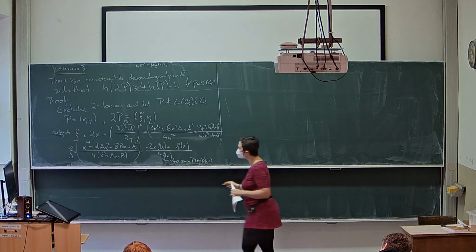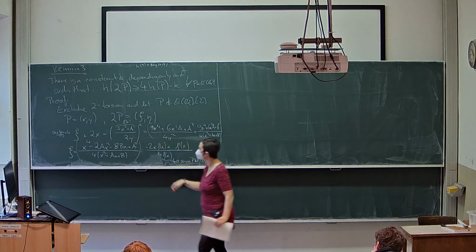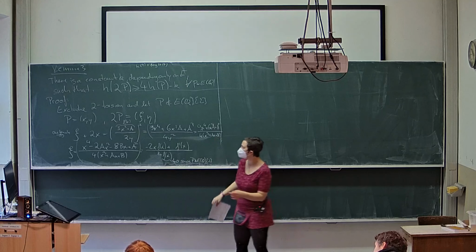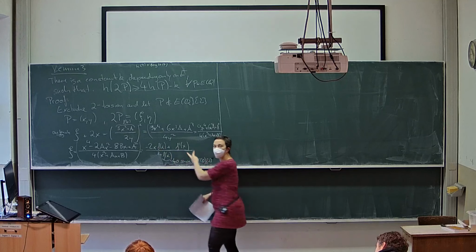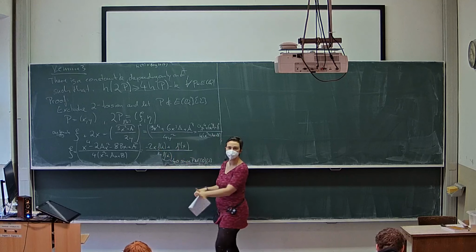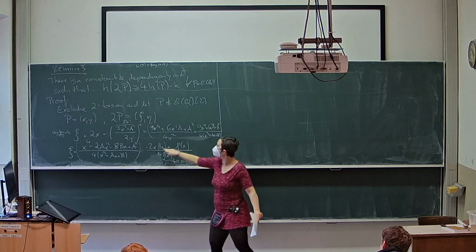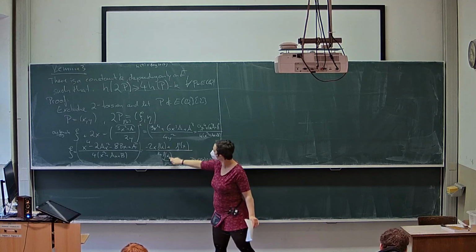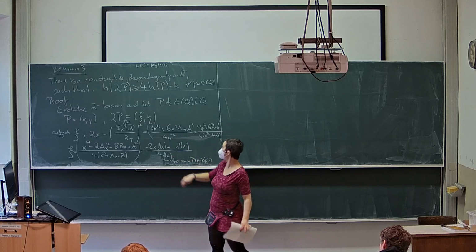And since the discriminant of the curve is not 0, this is equivalent to the polynomials f and f prime not having any common zeros. So those two are co-prime, and so the numerator and the denominator are also co-prime.